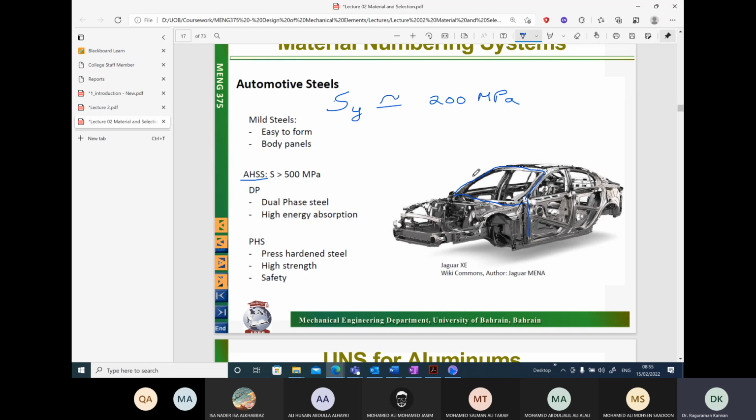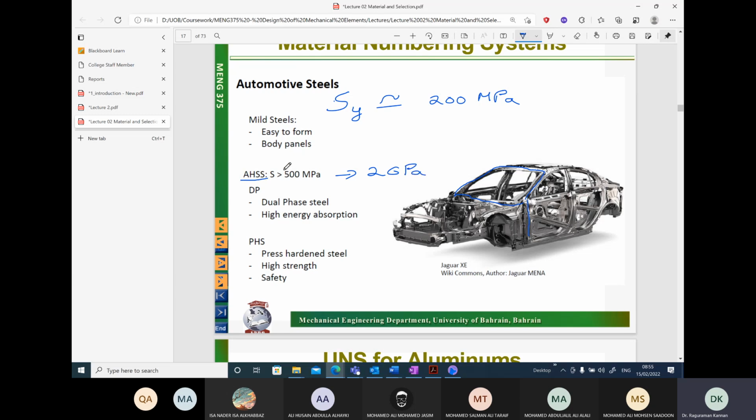In applications like these, this is very dangerous. So the automotive industry has come up with manufacturing processes for steel to create advanced high strength steels with SY value greater than 500 megapascal. Nowadays, it can reach up to 2 gigapascals.